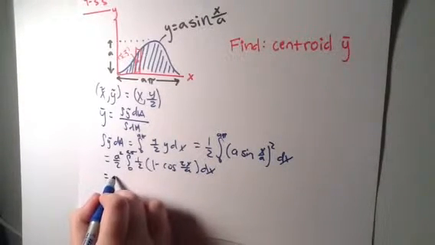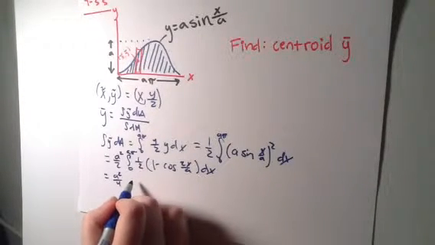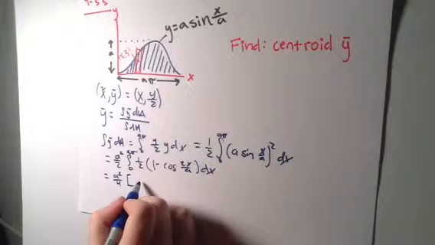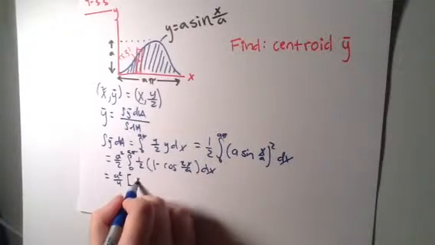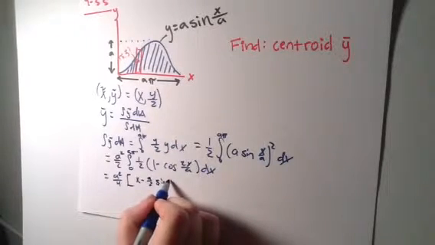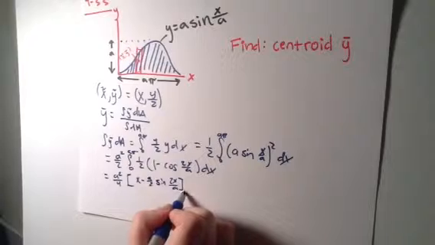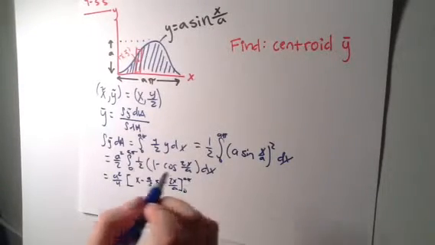Take the 1/2 out again, and we get a squared over 4. Integrate the middle, and we get x minus a over 2 sine 2x over a from 0 to a pi.